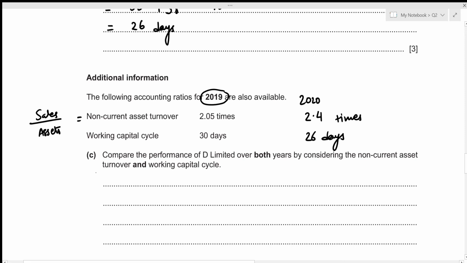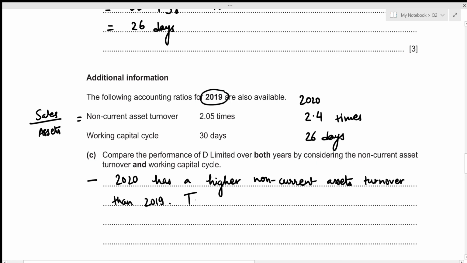Let's write it down. 2020 has a higher non-current assets turnover than 2019.